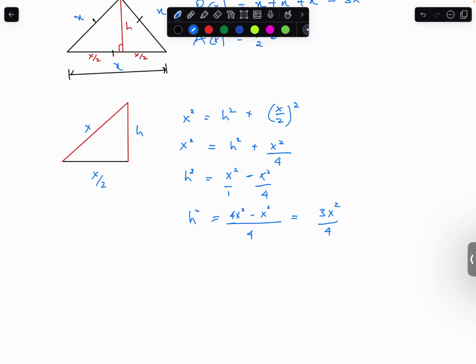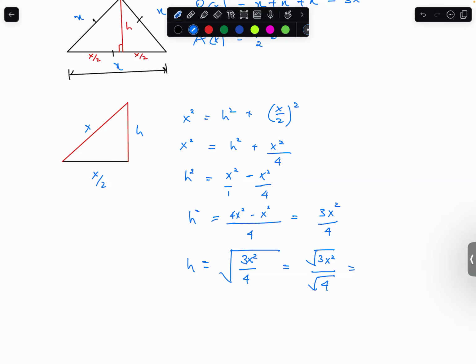If we take the square root of both sides in order to get h, h is going to be the square root of 3x squared over 4. This is the same thing as the square root of 3x squared divided by the square root of 4.